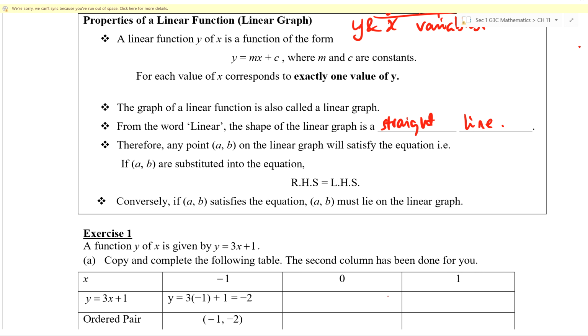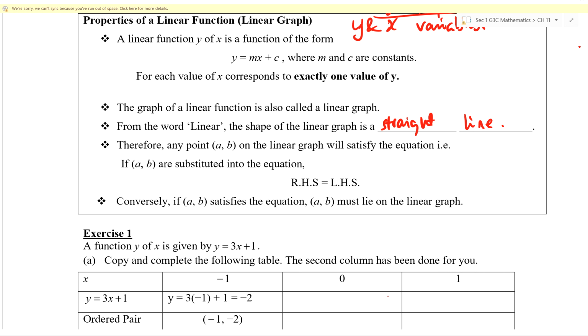In the same manner, if a set of coordinates does not satisfy, okay, I give you a random coordinate. Let's choose a point P with coordinates (4, 3). This is an example of a point with coordinates (4, 3). Let us substitute it into the equation.